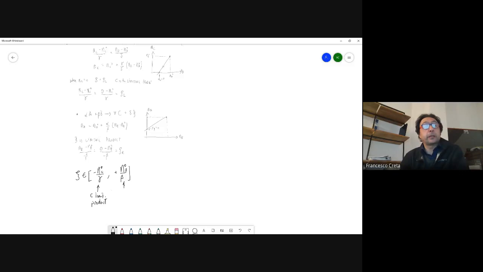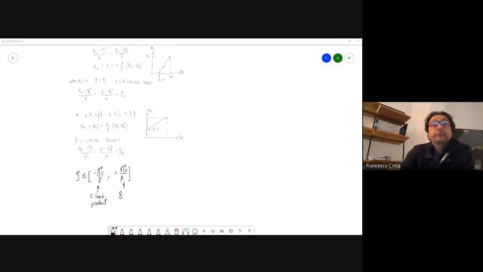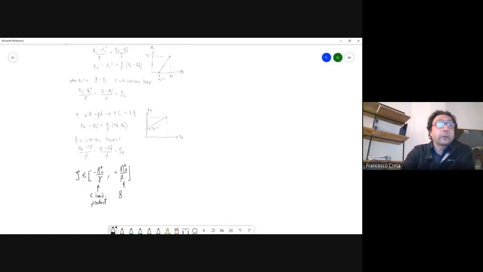So you shift everything to the right, and in this particular case B is the limiting reactant. So when it's shifted to the right, it's the first one to be depleted.